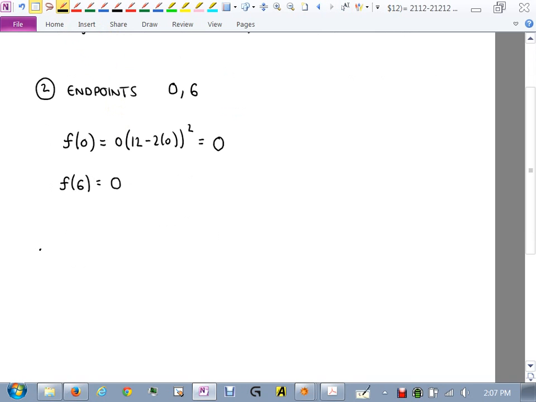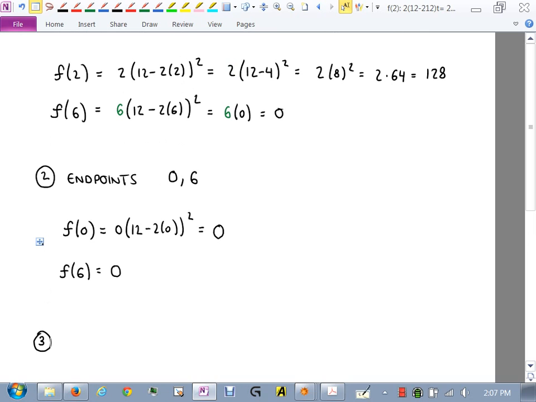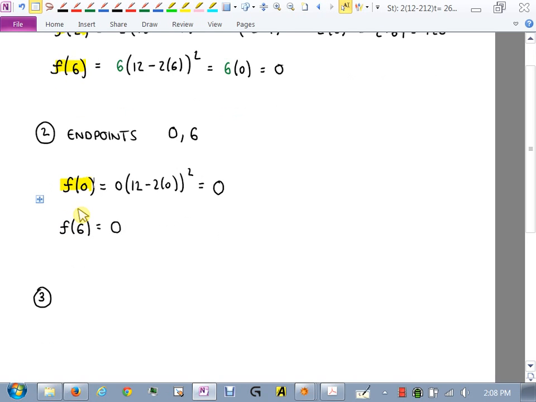What's step 3? Compare your answers. So let me write down all the values I had. I had f of 2, f of 6, f of 0. Those are the only 3 that I really had, right? Let's compare them. F of 2 gave us 128.